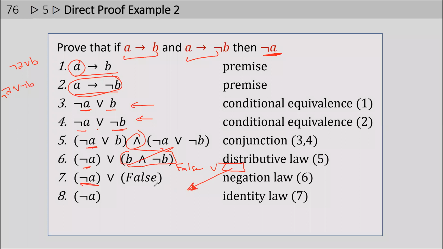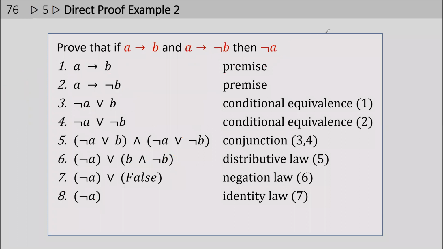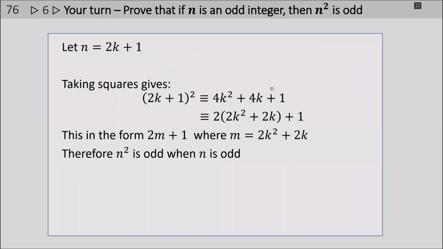So not A ORed with false gives not A. So this is what you want to prove, guys, okay? So actually the inference rules we took before are a way of proving things using the direct proof mechanism. Okay? So your turn. Assume that n is twice k plus 1, which means that n is an odd number.